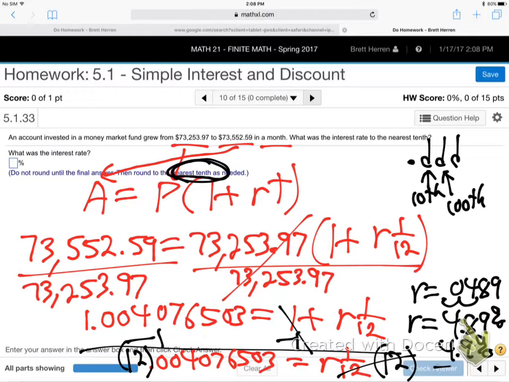So 4.9%, that 8 rounds up to 9. Remember all that? So I took the decimal, 0.0489, moved it 2 places to make it a percentage, right? 2 zeros and a percent always means 2 places. And then rounded. 4.9%. Questions on that one? Good?